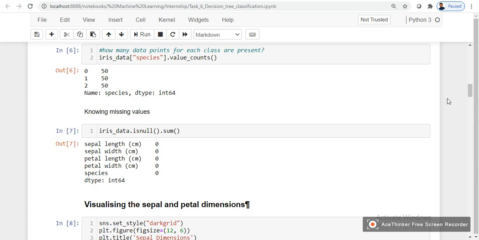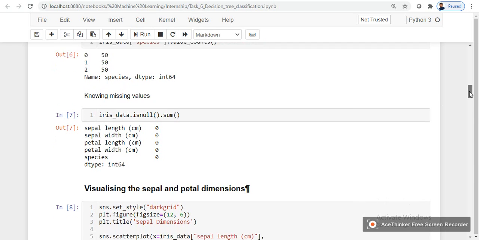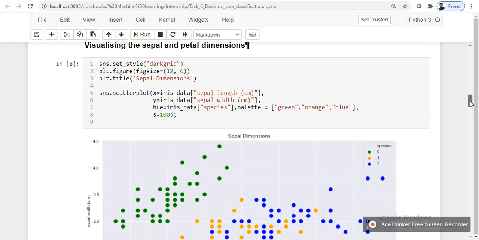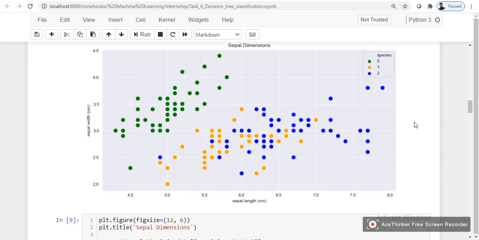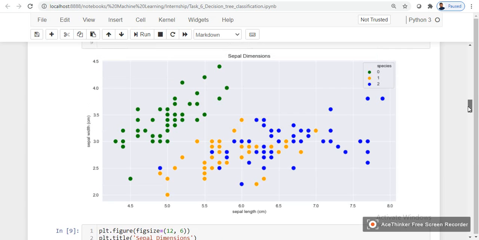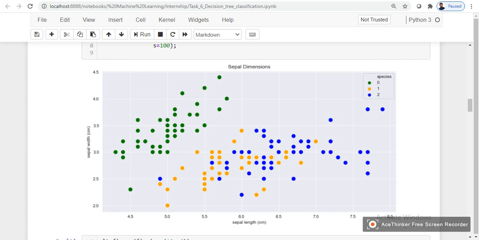Let us visualize the dimensions of the sepals and petals. So in this diagram we can see the sepal dimensions.